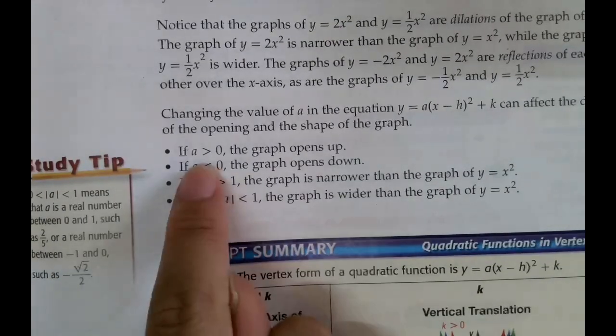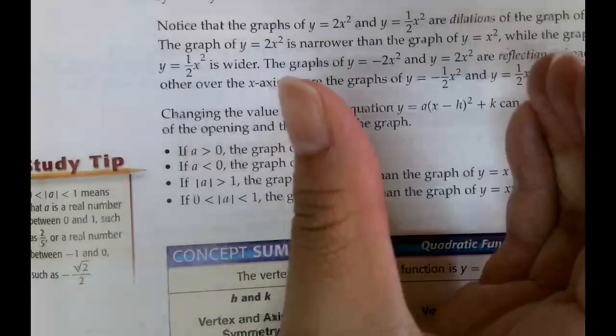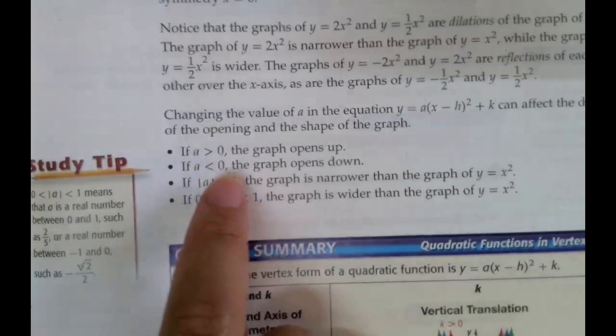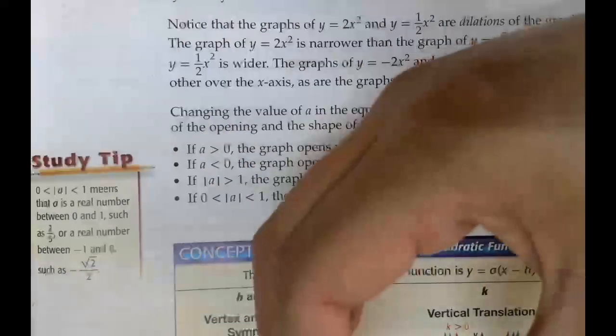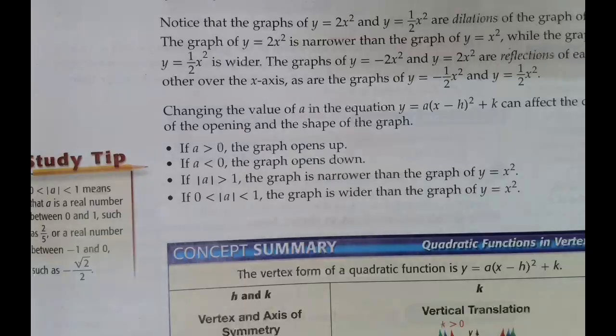So here, if a is greater than 0, the graph is going to open up. It's going to be an upward facing parabola. If a is less than 0, meaning if a is negative, the graph is going to open downwards and be a downwards parabola. The reason why is because it reflected it over the x-axis.